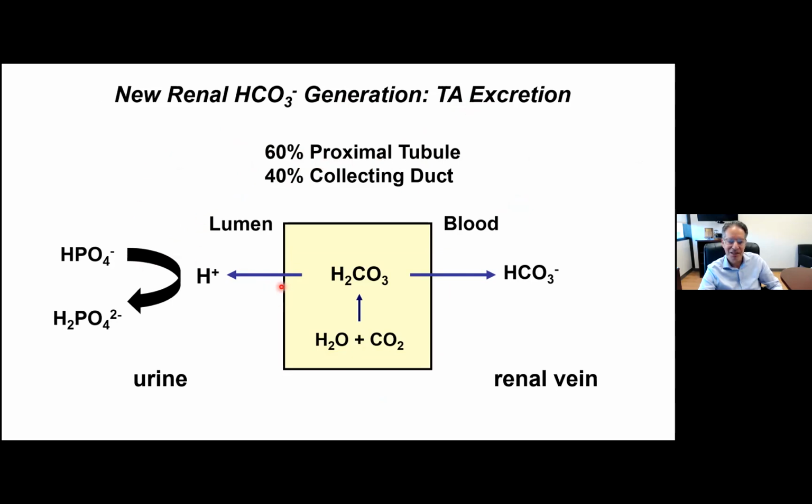And what happens is the cells, whether they're proximal tubule cells or collecting duct cells, secrete protons and convert HPO4 2- to H2PO4-. And when that's done, it turns out that a bicarbonate ion is generated in the cell, which leaves the cell to the blood side. So every time we secrete a proton and create H2PO4-, we generate a bicarbonate ion, which then can go into the blood also.